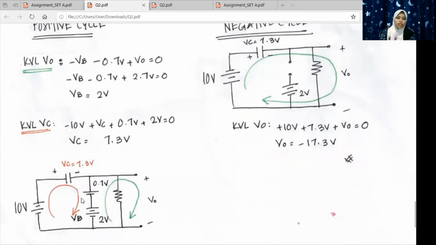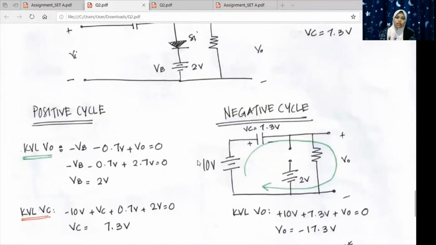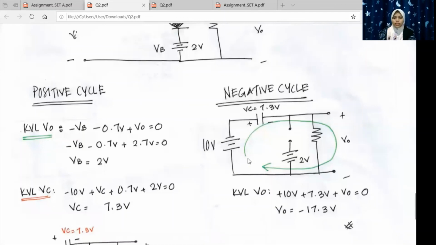Since that's all for the positive cycle, we got all the values needed. For the negative cycle, this is the equivalent circuit. The diode will be an open circuit because the current doesn't flow through the diode.